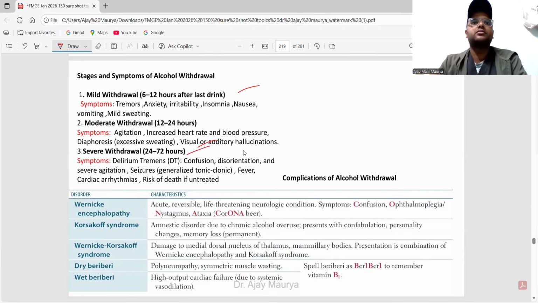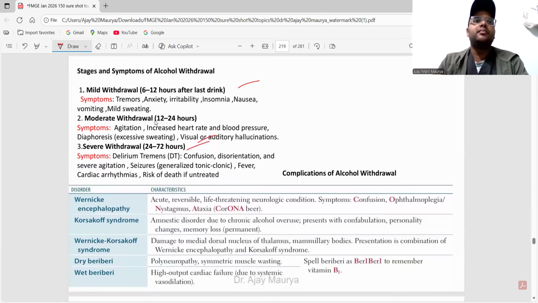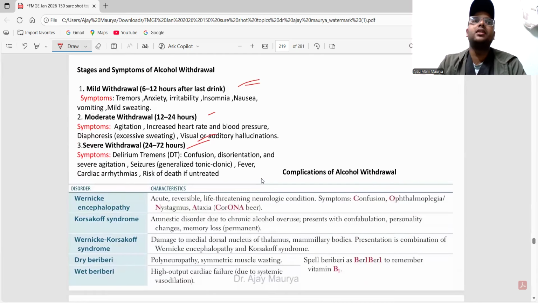Sweating is moderate. Hallucination we will see at 12 to 24 hours. Alcohol-induced psychosis we will see at 6 to 12 hours, alcohol-induced hallucination at 12 to 24 hours, and delirium tremens within 48 to 72 hours. Remember, okay? That is alcohol withdrawal.